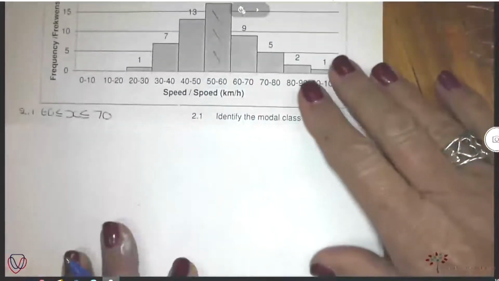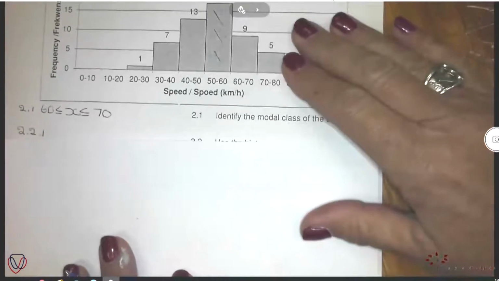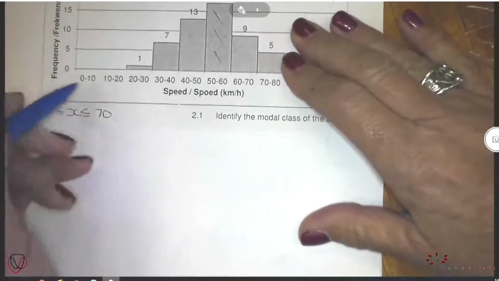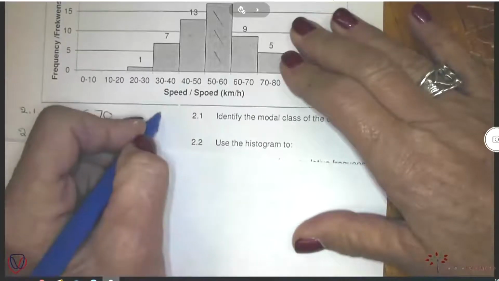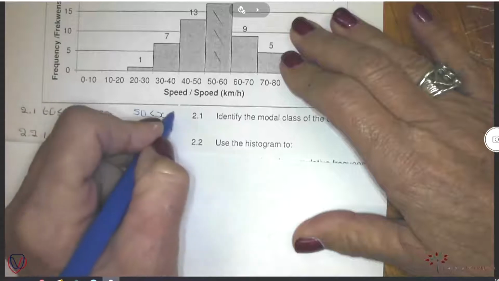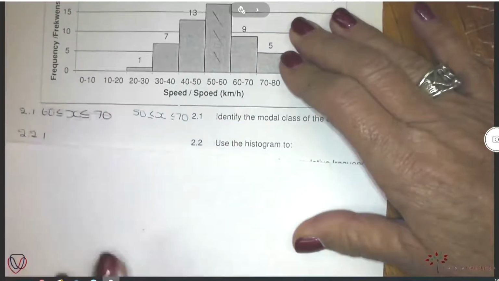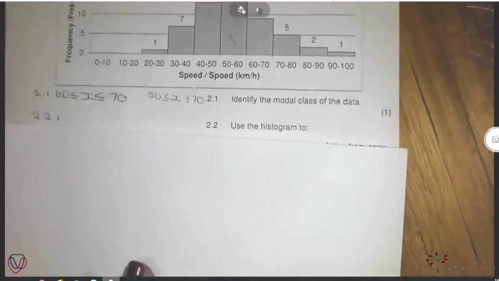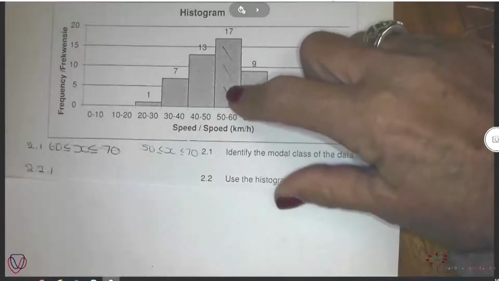Right, so the modal class is between 50 and 60. Why did I write 60 and 70? I know it's between 50 and 60, but I wrote 60 and 70. X larger or equal to 50, smaller or equal to 70. Ignore that answer there. That's the modal class, the one with the highest frequency.